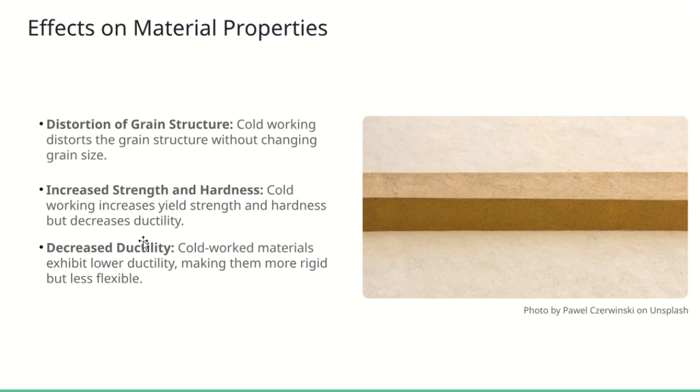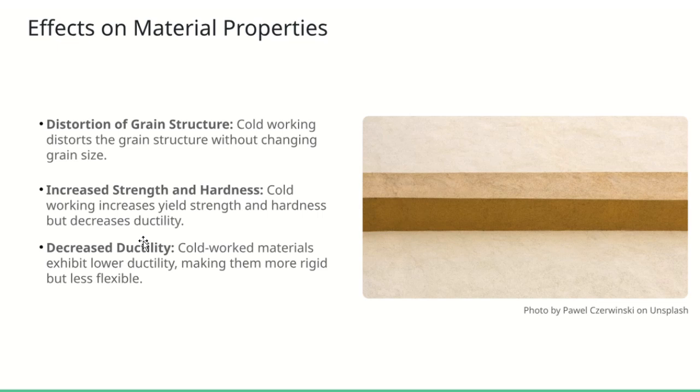That bending becomes distortion, but the size remains the same because you don't cut it. In material terms, it becomes stronger because the grains become clumped with each other.